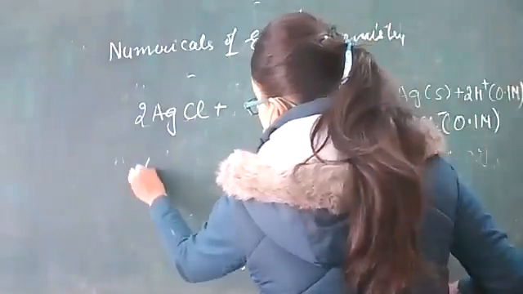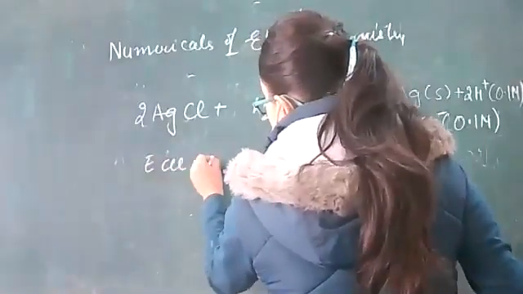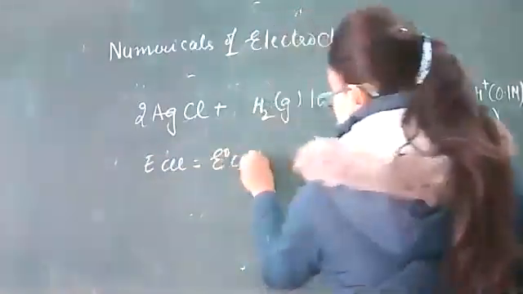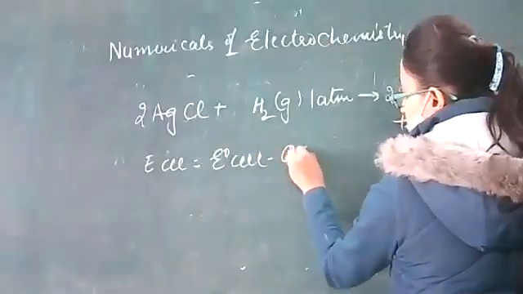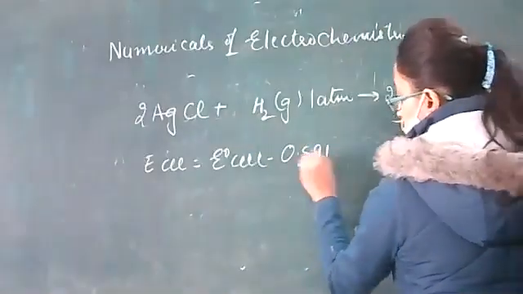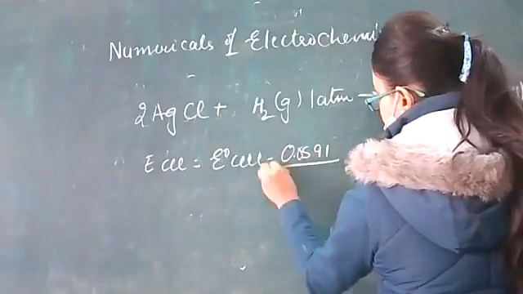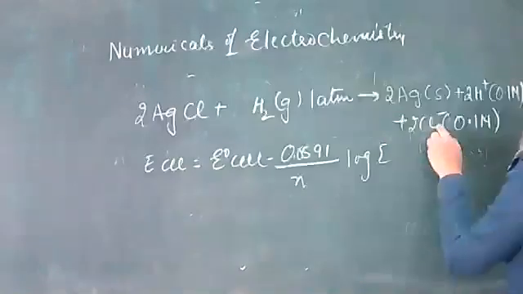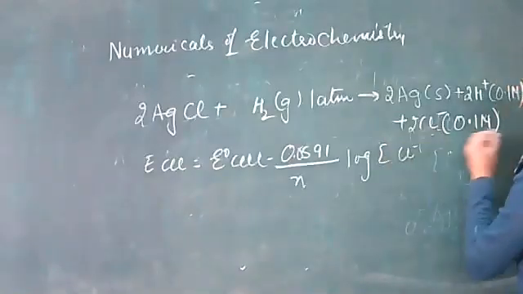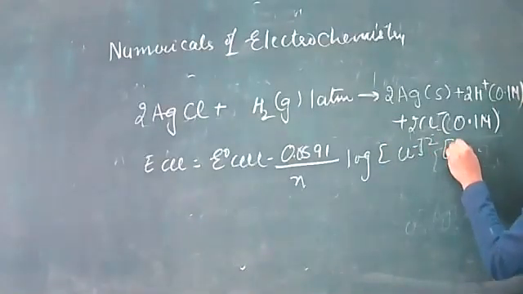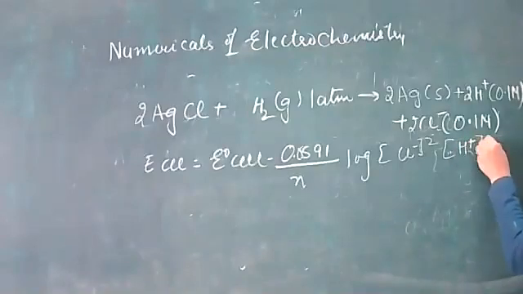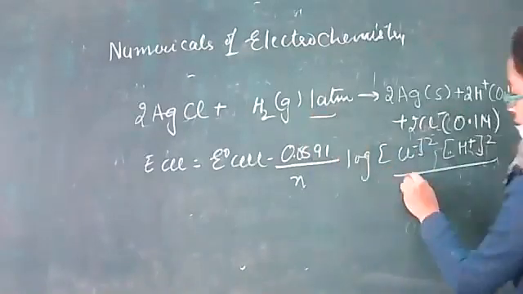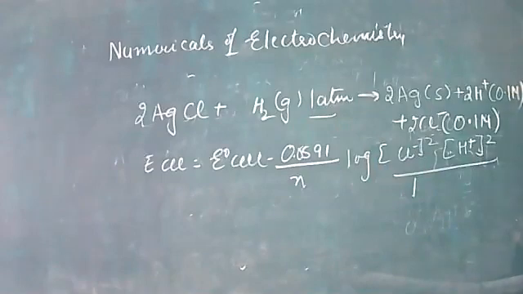So E cell will be equal to E naught cell minus 0.0591 upon n log. Here we have Cl negative raised to the power 2, H positive raised to the power 2, and here it is given 1. Okay, so what was our E naught?